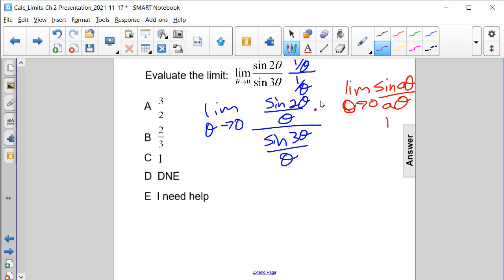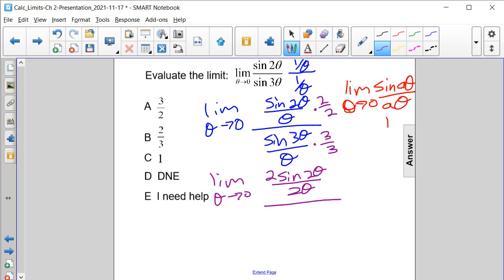So we're going to multiply the top by 2 over 2 and the bottom by 3 over 3. So now we have the limit as theta approaches 0 of 2 times the sine of 2 theta divided by 2 theta, over 3 times the sine of 3 theta over 3 theta.